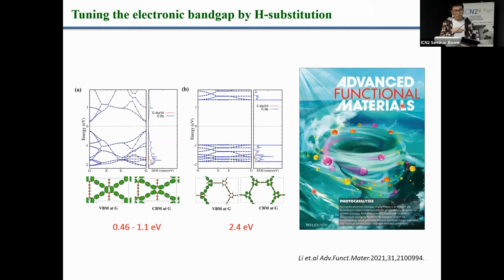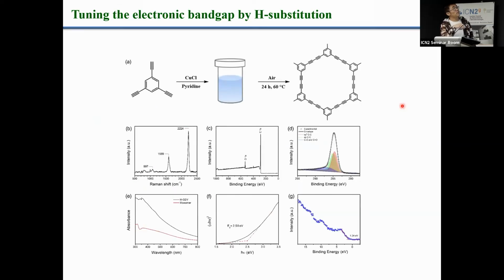heterostructure. So here we dope hydrogen atoms to enlarge the bandgap of graphene, and to fabricate a type 2 heterostructure to improve the photocatalytic activities. Because, as we know, graphene can be synthesized by the bottom-up method, from a monomer.